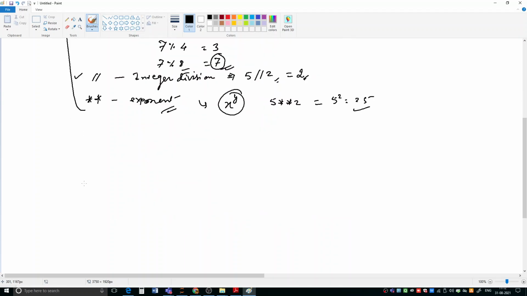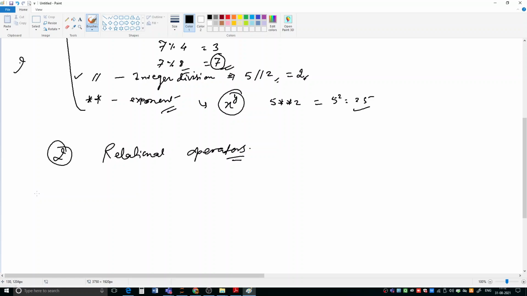Next we have to see the second type of operator, called relational operators. Relational operators are used for checking the relationship between two values. What type of relationship? Whether they are equal, whether they are unequal, which one is bigger, which one is smaller, like that.